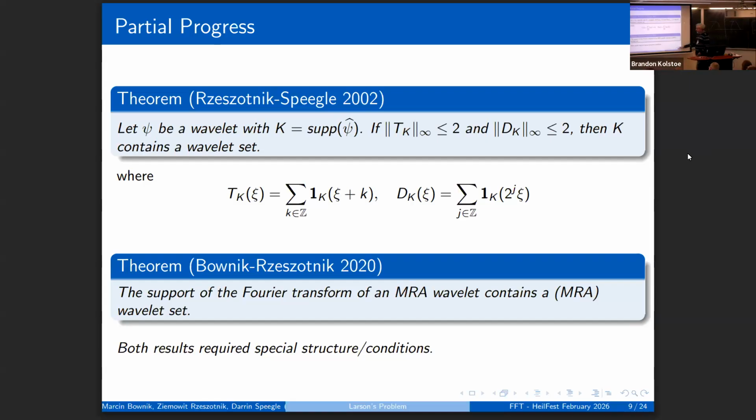And Martin and Joma showed that it's true if it's an MRA wavelet, then you can find an MRA wavelet set contained in the support. It's one where the dimension function of the associated wavelet is one. So if you take the union of the negative dilates, that also tiles the line.